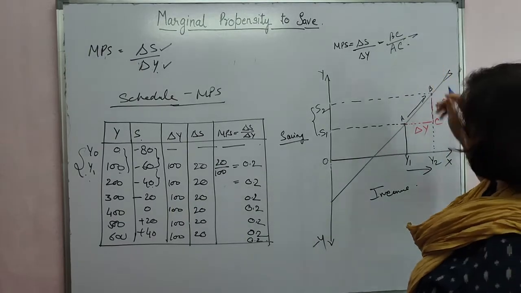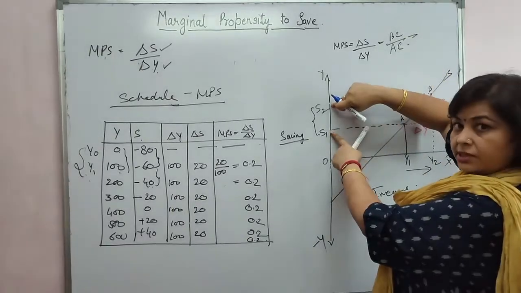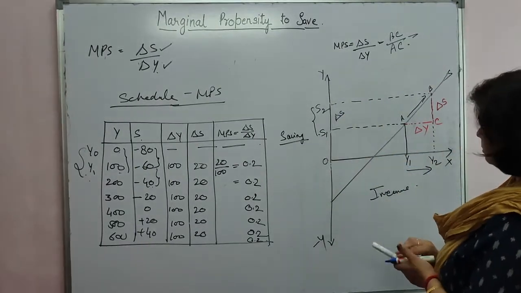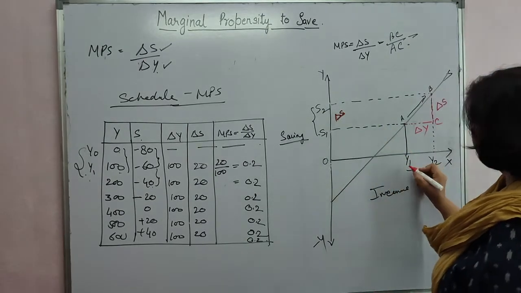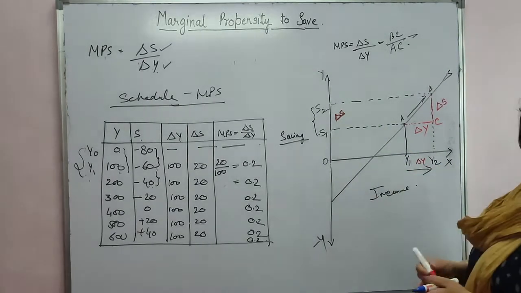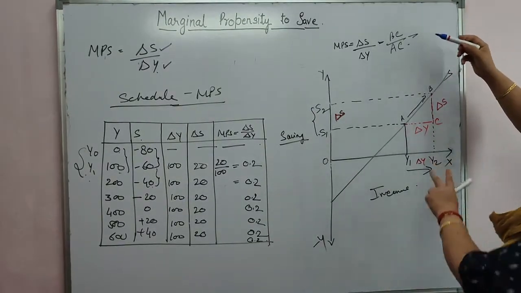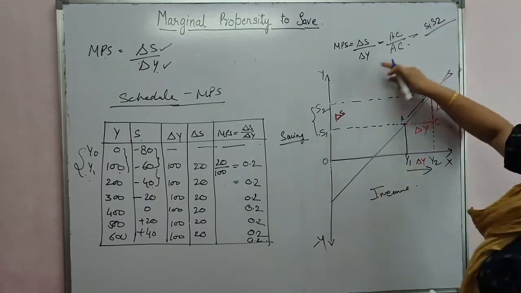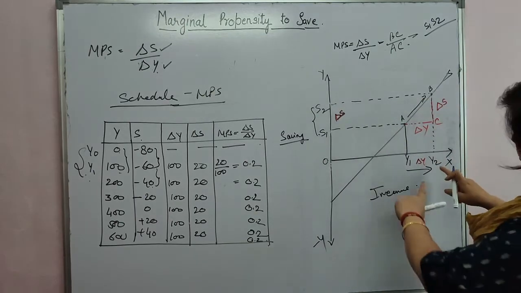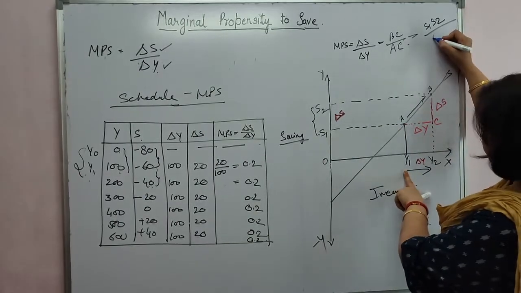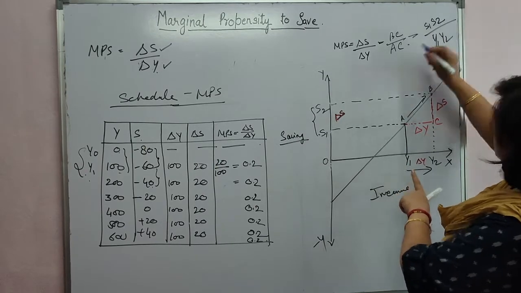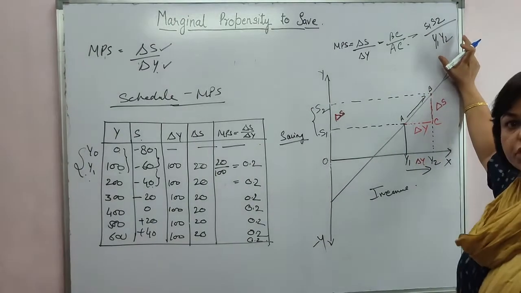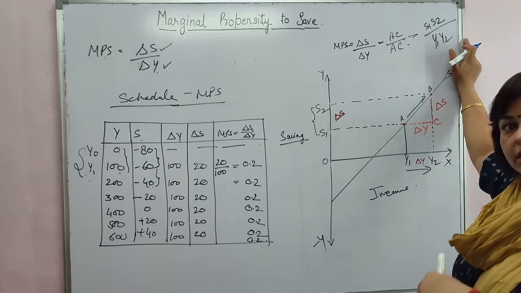In the same way, the distance between S1 and S2 is also delta S, and here Y1, Y2 is delta Y. So we can write it in another way also. S1, S2 is change in savings, and Y1, Y2 is change in Y. So the ratio of S1, S2 and Y1, Y2 is the MPS.